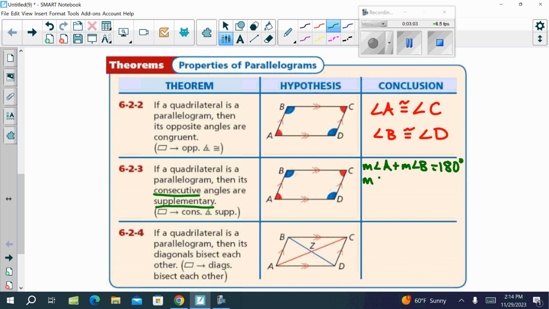So angle B plus angle C should also equal 180, and measure of angle C plus measure of angle D should also equal 180, and then measure of angle D plus measure of angle A should also equal 180. So each set of consecutive angles should add up to 180. All right, that's property number 3.